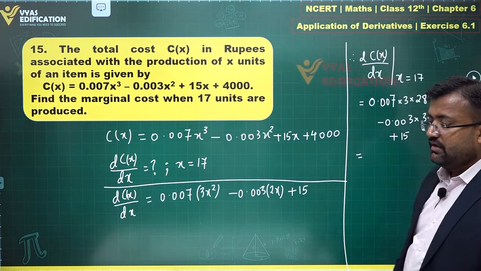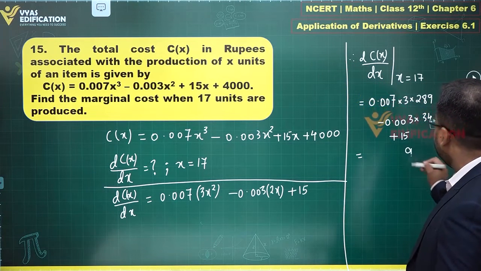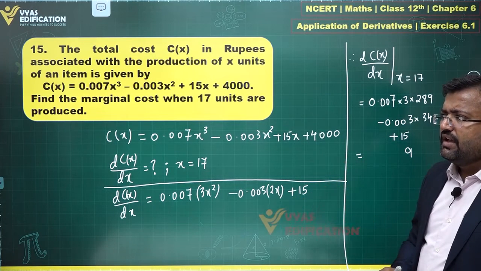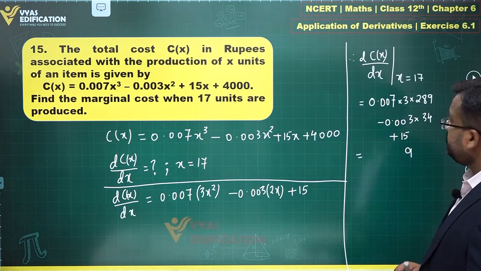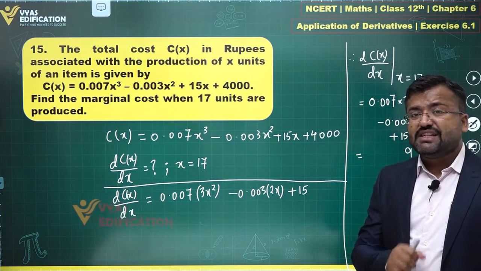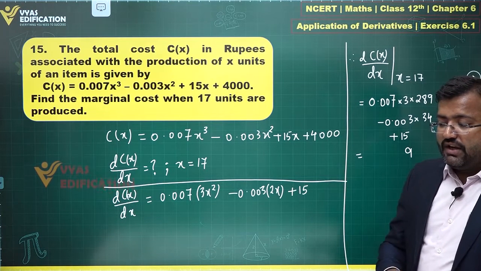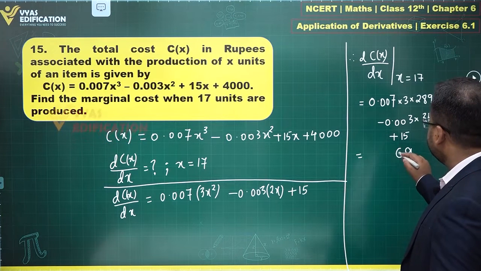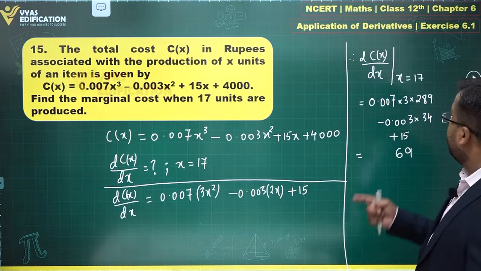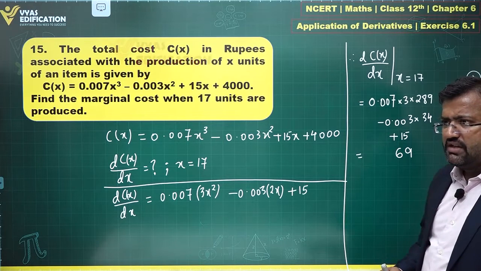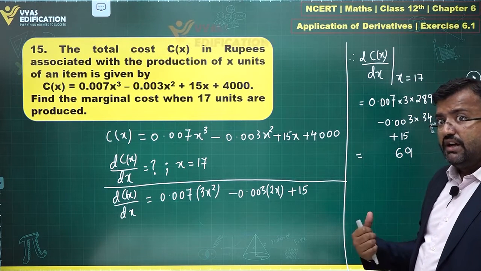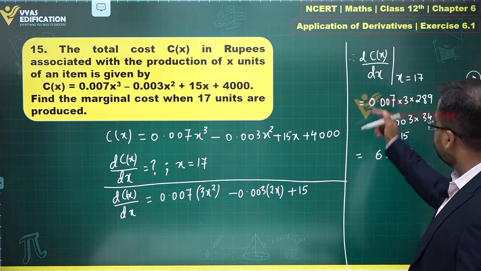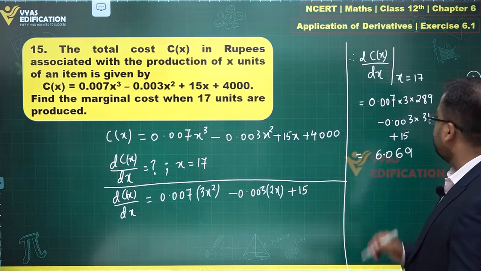This is 189, so you'll have a 9 and 18 gets carried forward. 21 times 8 will give me 168 plus 18, 186. So you get 6 and 18 carried forward again. 21 times 2 is 42 and you got a 18, so you get 60 over here. This is 6069 and decimal after 3 places from the end. This is what you get.